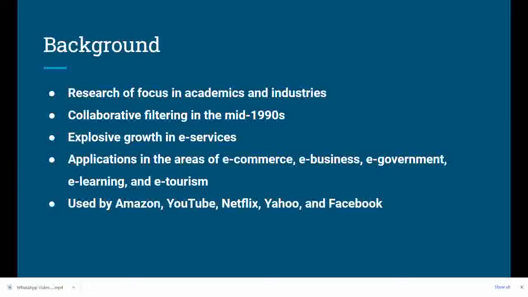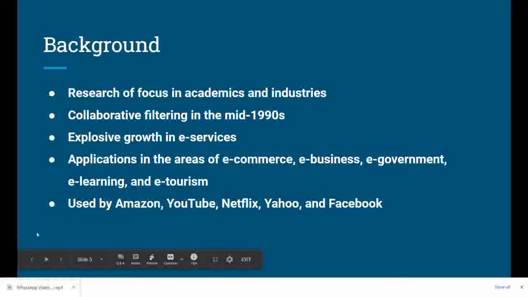Recommender systems were first applied in e-commerce to solve the information overload problem caused by Web 2.0, and they extended it to the personalization of e-government, e-business, e-learning, and e-tourism. Hence, it comes as no surprise that nowadays recommender systems have become an absolutely necessary feature of the internet websites of big companies such as Amazon, YouTube, Netflix, Yahoo, and Facebook.